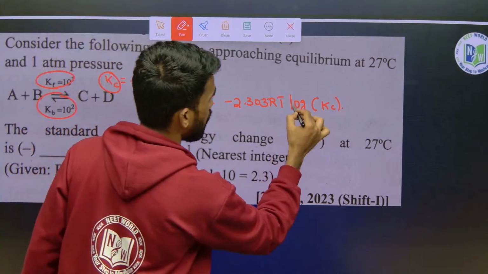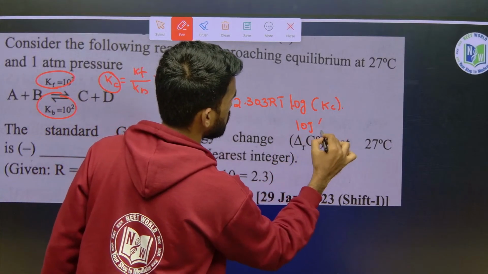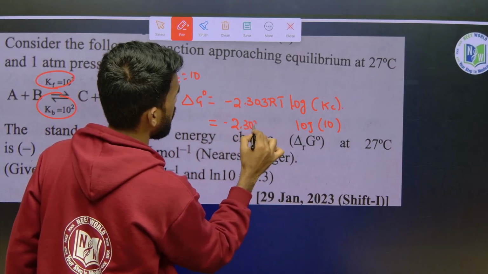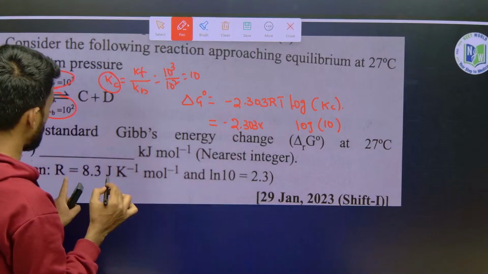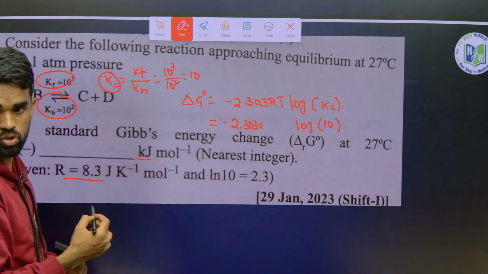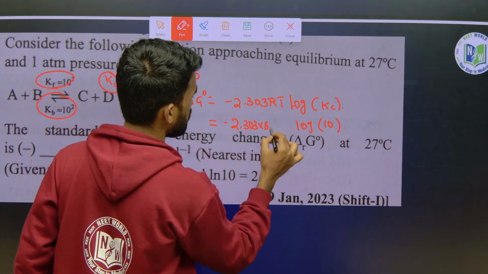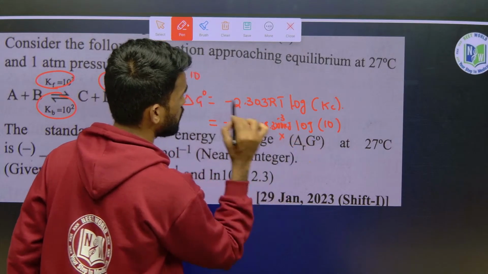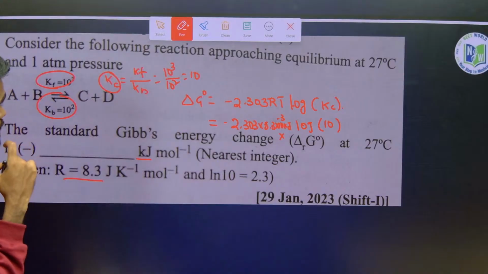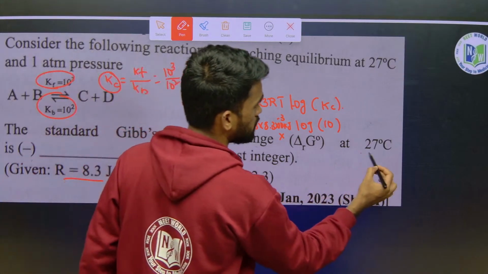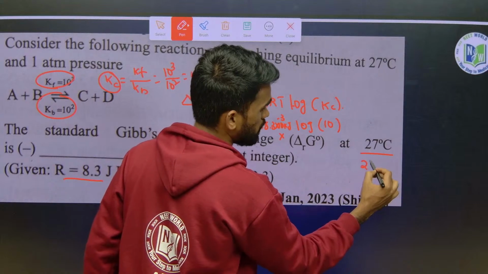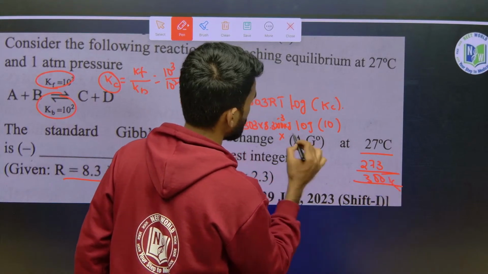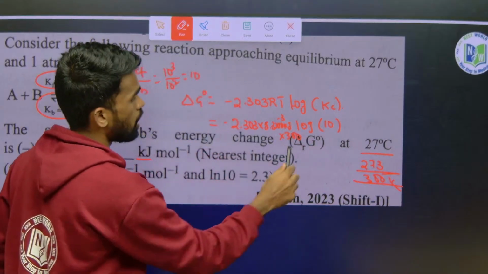So you got log 10 here and minus 2.303, and what about R? They want it in kilojoules. So I can write 8.3 into 10 power minus 3 kilojoules, multiplied with temperature. What is the temperature here? 27 plus 273, so totally it is 300 Kelvin. So multiply with 300. Log 10 is 1.